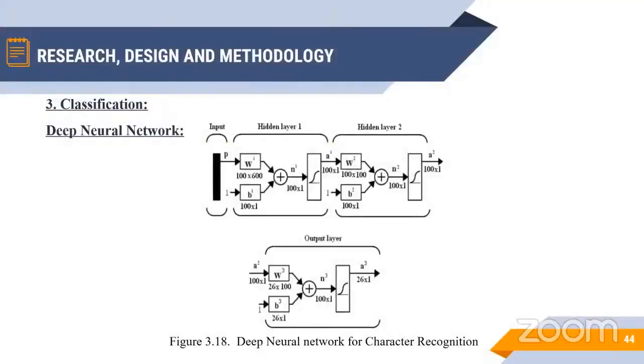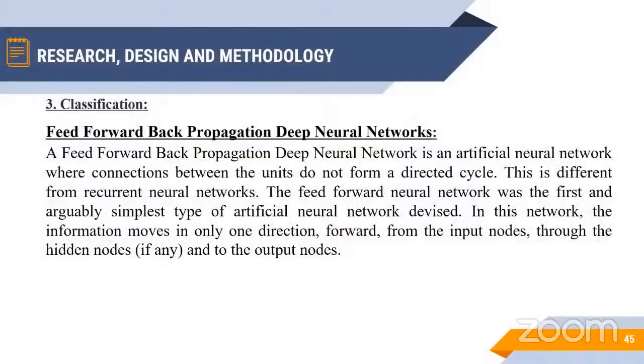In the hidden layer there are again 100 and 600, with W and B raised to 1, in the hidden layer raised to 2, and in the output layer raised to 3, so it is in an increased format. The deep neural network trains the data set that we have identified for handwritten character recognition.